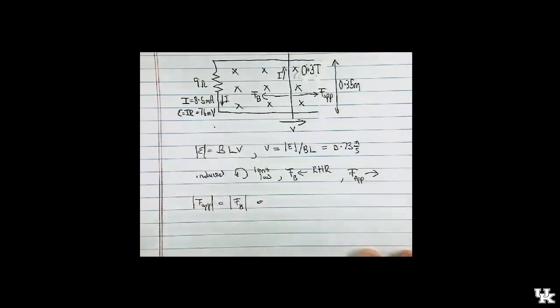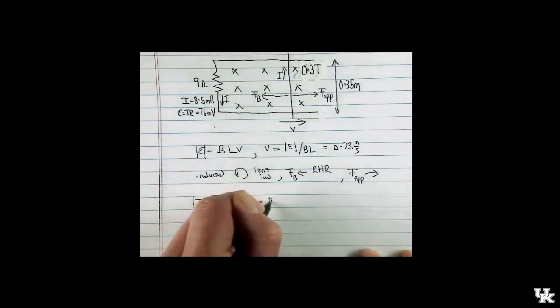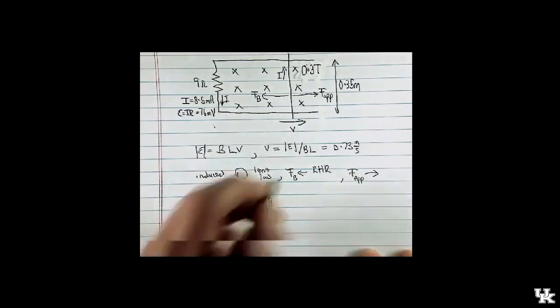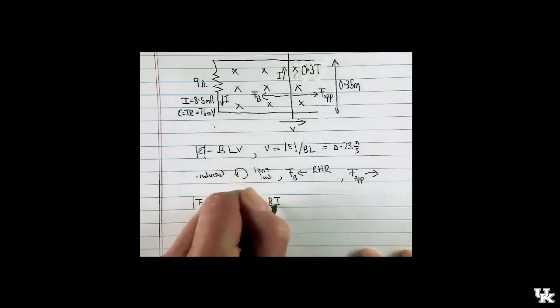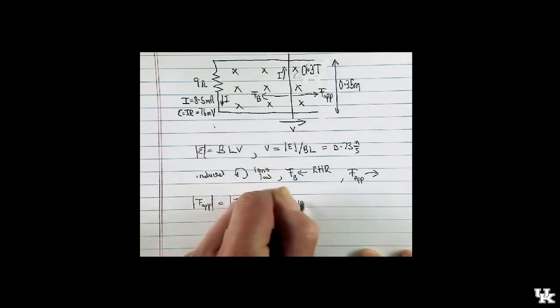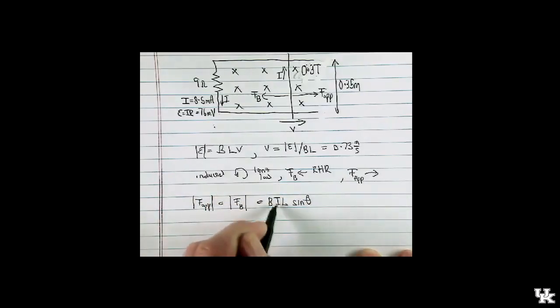And the size of a magnetic force on an electrical current, if you remember from an earlier class, probably like lecture 11 or something, it's the product of the magnetic field, the current flowing in the straight wire, the length of the straight wire, and the sine of the angle between the direction of the current and the direction of the magnetic field.